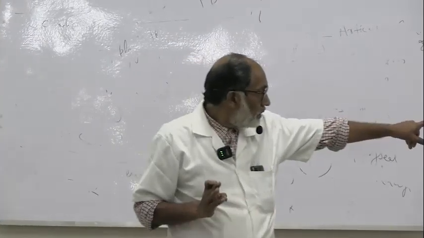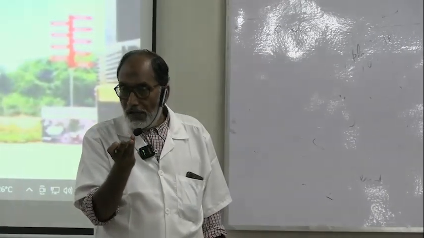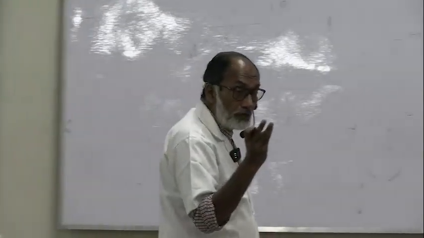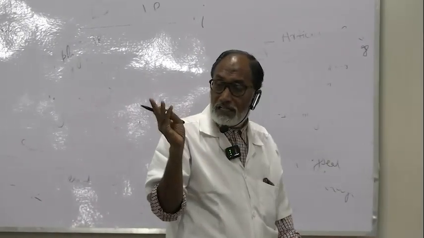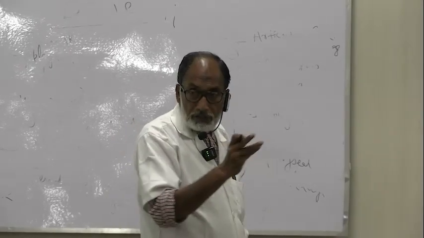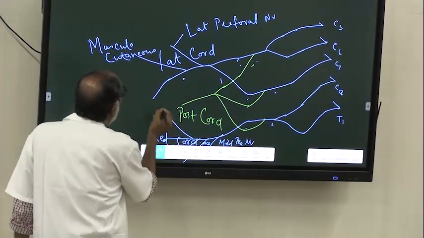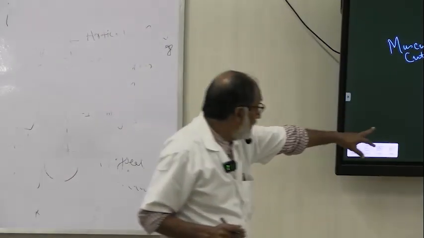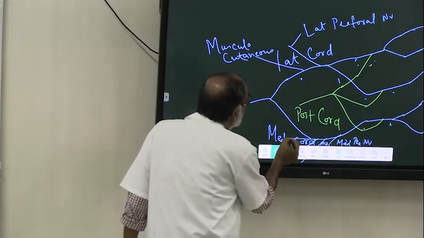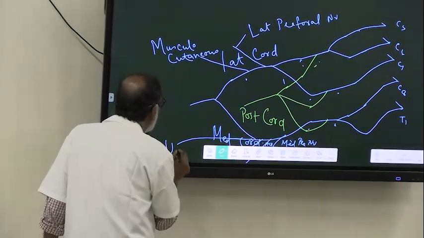So medial pectoral, medial cutaneous of the arm, medial cutaneous of the forearm, and then before continuing, it will give up another important root, that is the medial root of the median nerve. These two roots meet to form the median nerve, and it will be continued as the ulnar nerve.